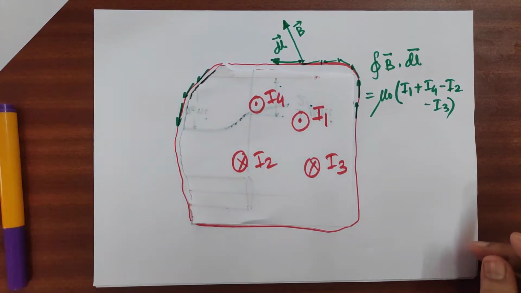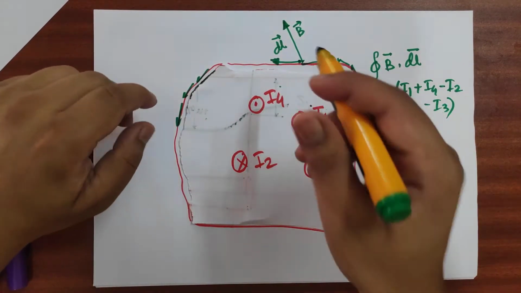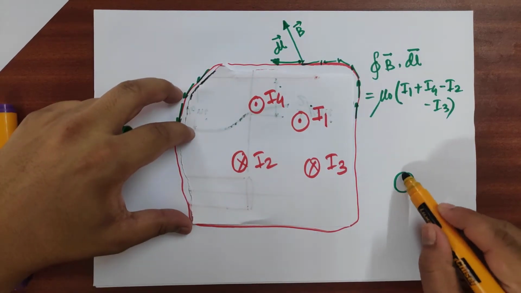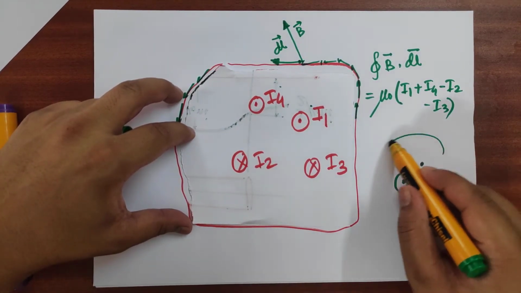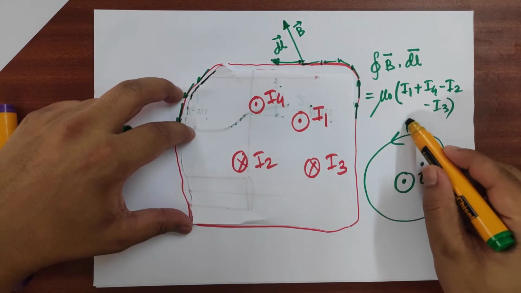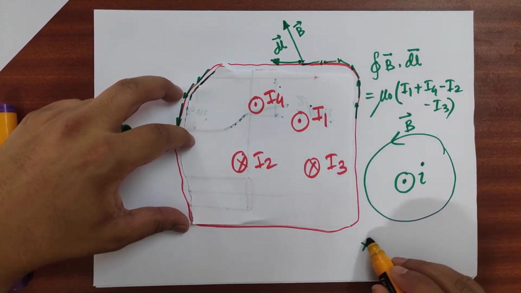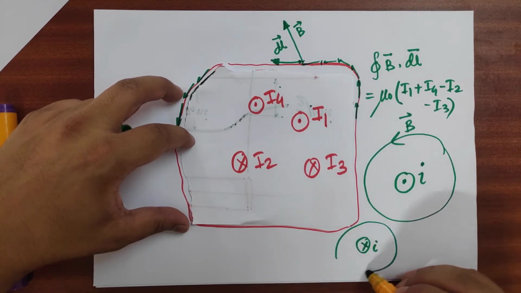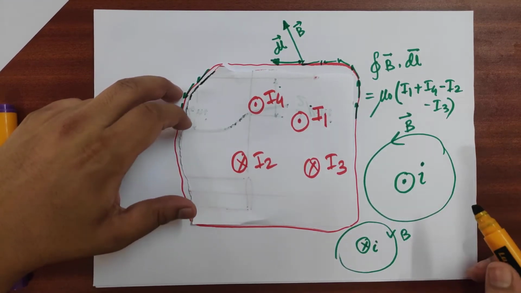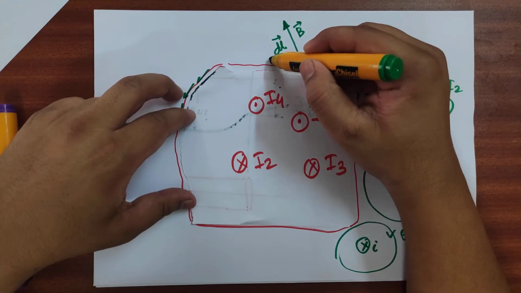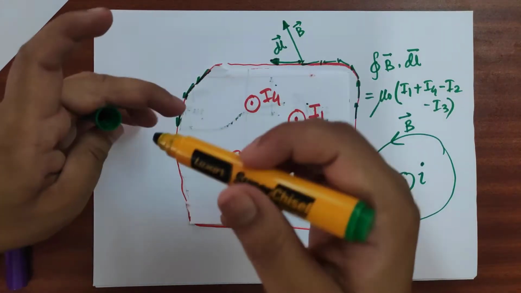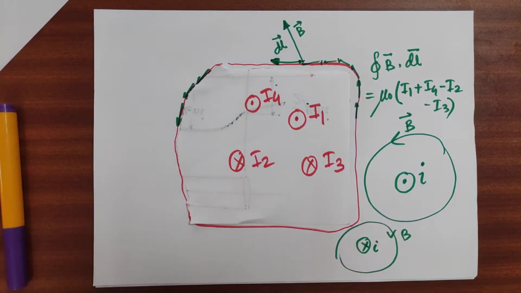Why I have chosen this sign convention is that, suppose we know the right hand thumb rule, that if there is a current flowing this way, then the magnetic field will circulate like this. And if there is a current flowing this way, then the magnetic field will circulate like this. Now, we have chosen dl this way, so that means the circulation we have chosen is in the anti-clockwise direction.